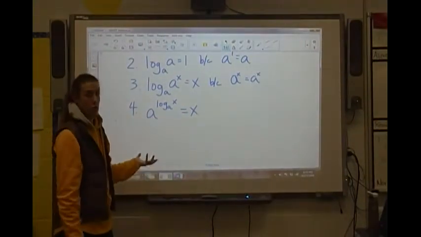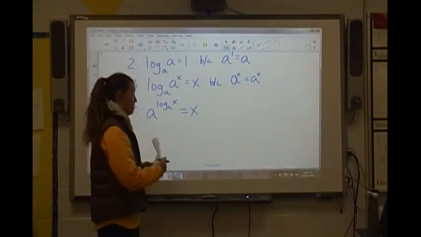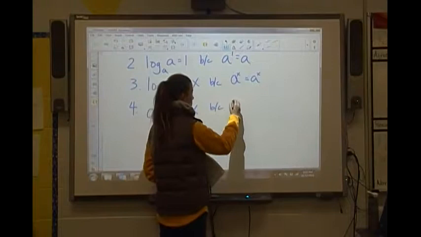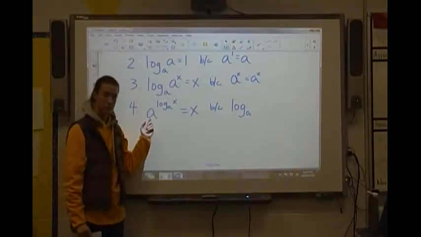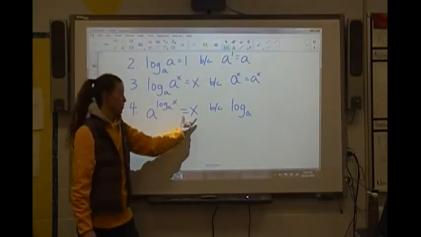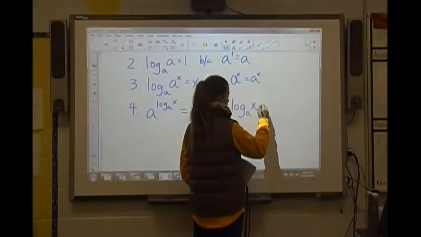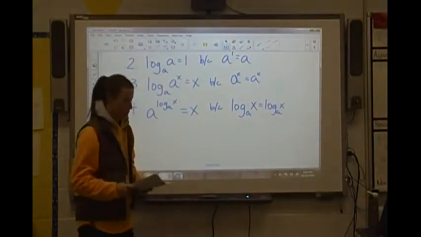Now, the reason this works is because if I change this exponential equation into log form, I have a log base A, so here's my base, I know that logs are equal to exponents, so my result is the only thing left of x equals log base A of x. Oh, look at that, they're actually equal to each other.